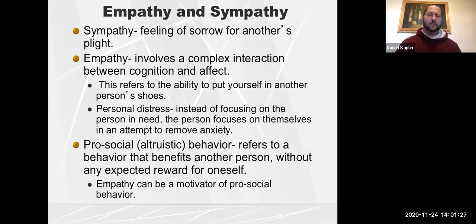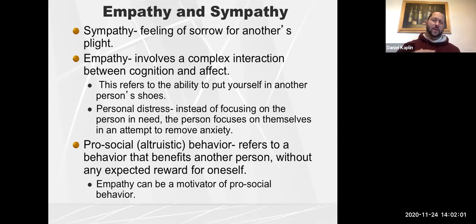Now, let's talk about complex emotions like sympathy and empathy. Sympathy and empathy are not the same thing. So, sympathy is to feel sad for another person or feel sorrow for another person, whereas empathy is the ability to put yourself in another person's shoes, to truly appreciate the distress that they're having and experience the distress similar to the person who's going through the problem.